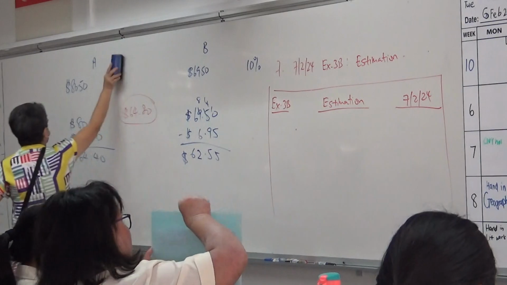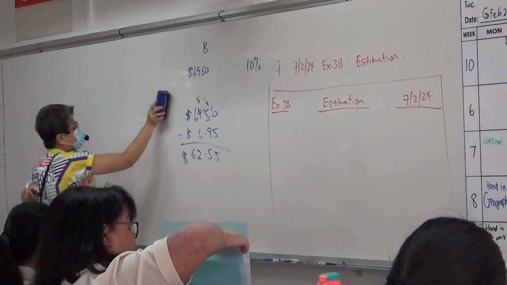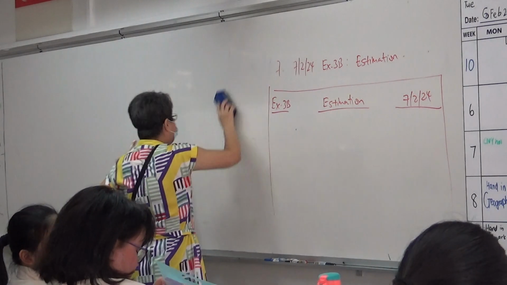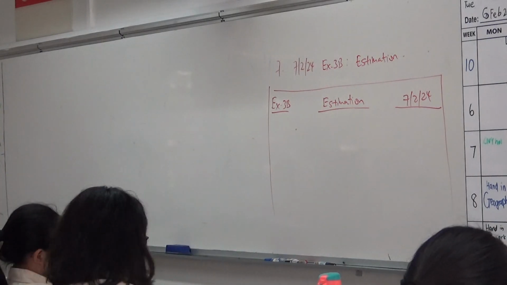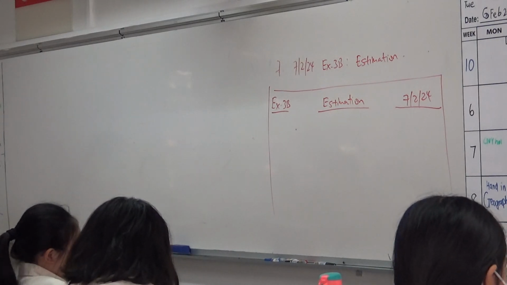I'm going to tell you how to do the working for this type of question. I'm going to do some for you and then some you're going to complete and solve for me. Now, can all of you look at page 87?